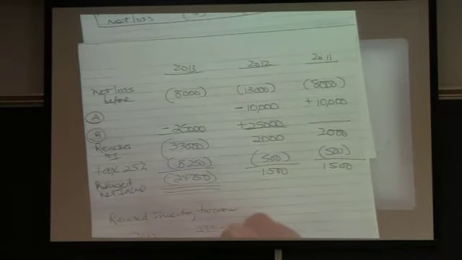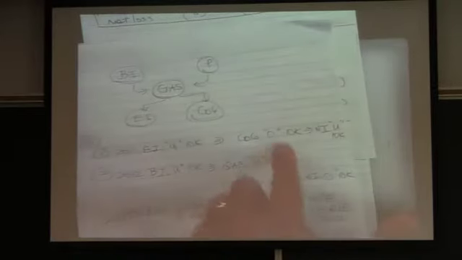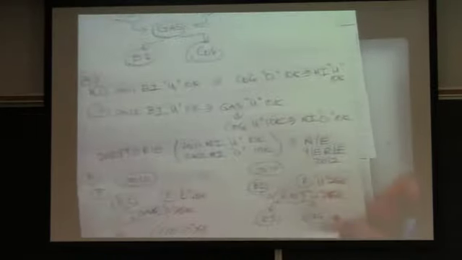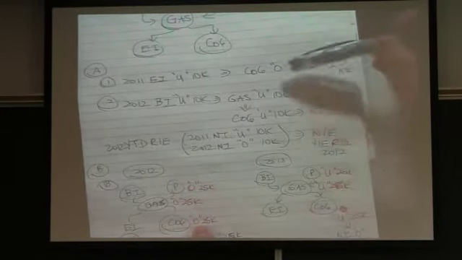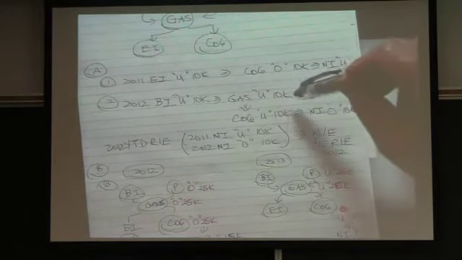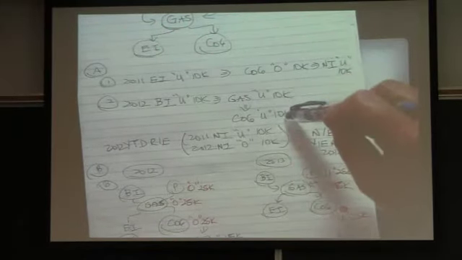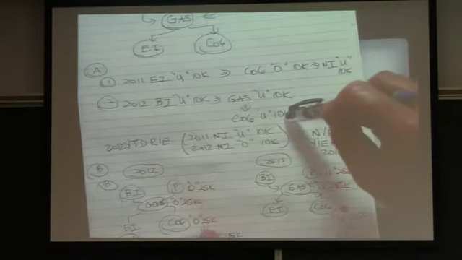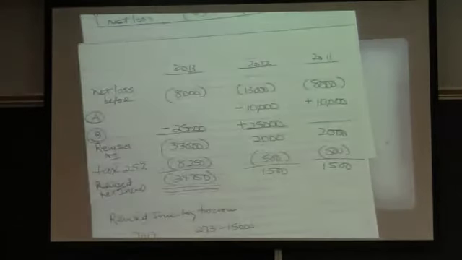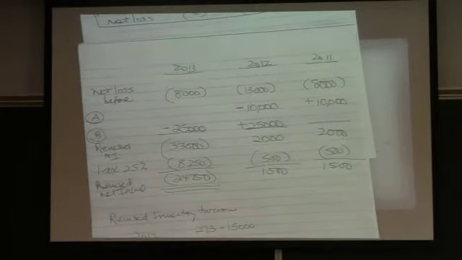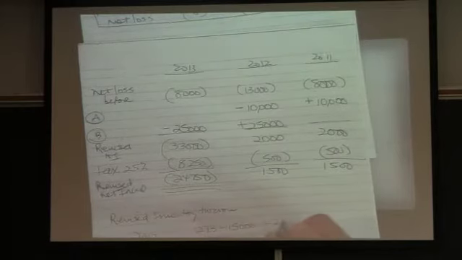And that 15,000, if you remember back, what we did was cost of goods sold is overstated by 10, and in this case, it's cost of goods sold for 2012. It's understated by 10 and overstated by 25. So the net is an overstatement by 15, so that's why we're subtracting it from 273 to give us 258.